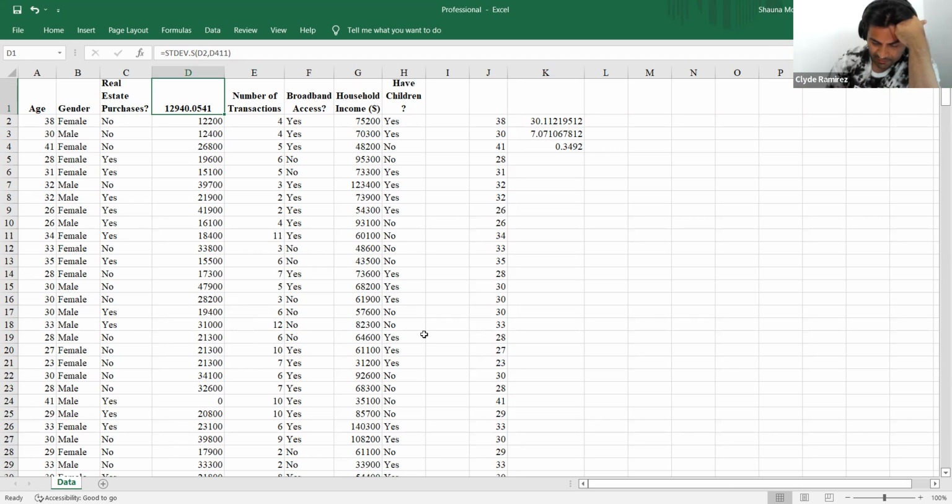And your standard error, you're going to take 12,940 and divide it by the square root of 410.